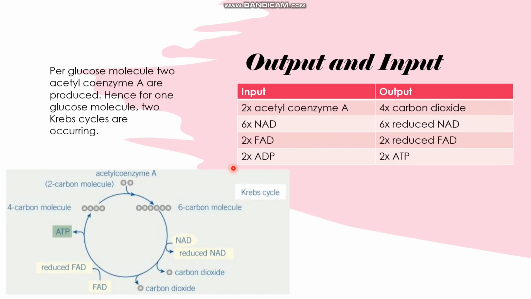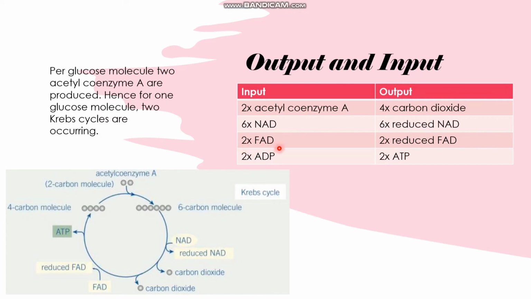This is a table that summarizes. Our overall inputs are 2 acetyl coenzyme As from our 2 pyruvates from our 1 glucose, and this will combine with our oxaloacetate. Another input is our 6 NAD, and this is 3 NAD per Krebs cycle because we need to be able to reduce NAD.